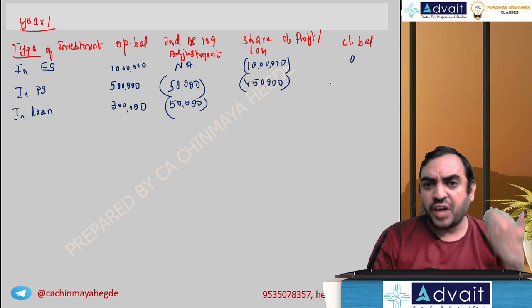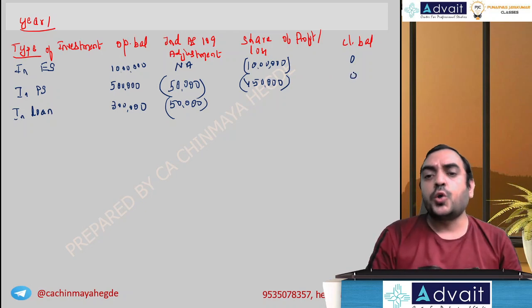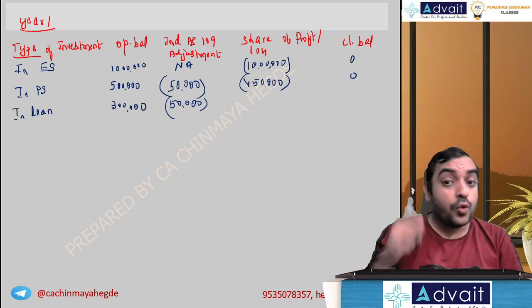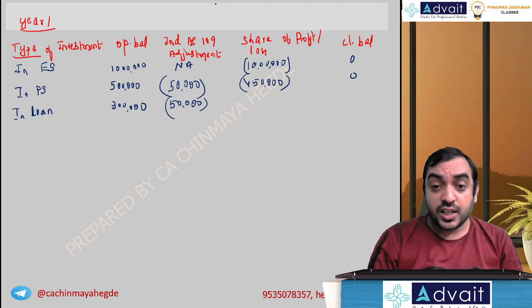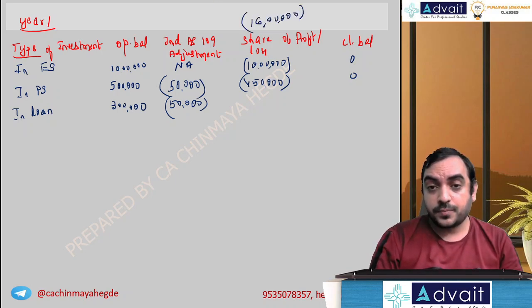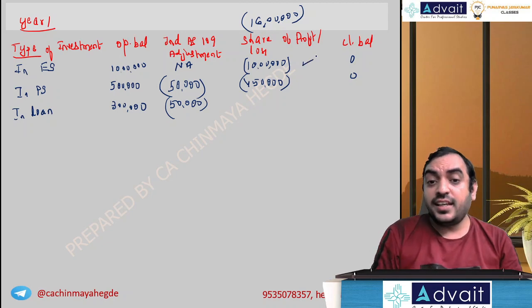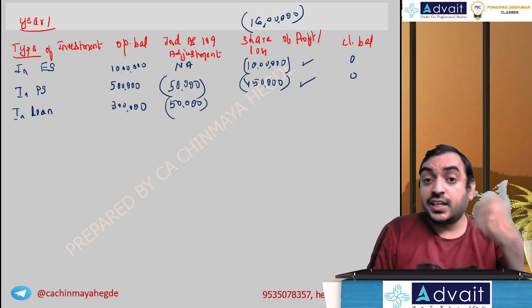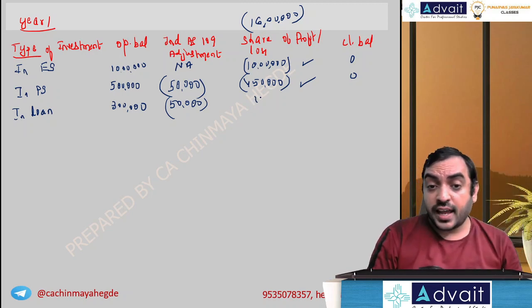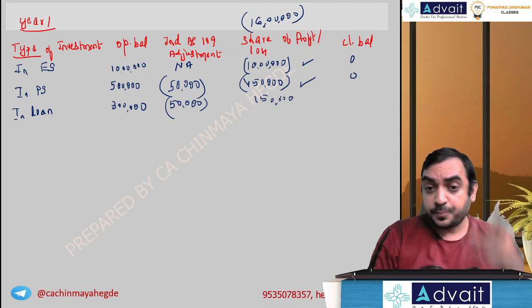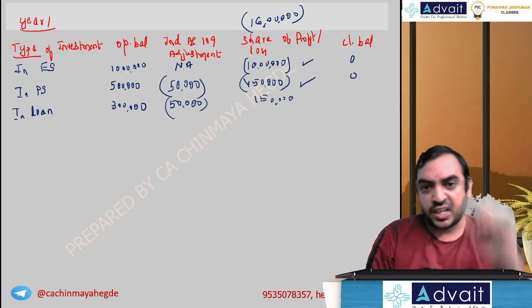Entire balance you have adjusted against the losses. Closing balance became 0. What about our share of loss? Remember, 16 lakhs we had as share of loss. We have adjusted only 10 lakh and only 4 lakh 50,000. Still remaining is there. How much loss? 1 lakh 50,000. Correct? 10 lakh plus 4 lakh 50,000 plus 1 lakh 50,000 comes to 16 lakh.